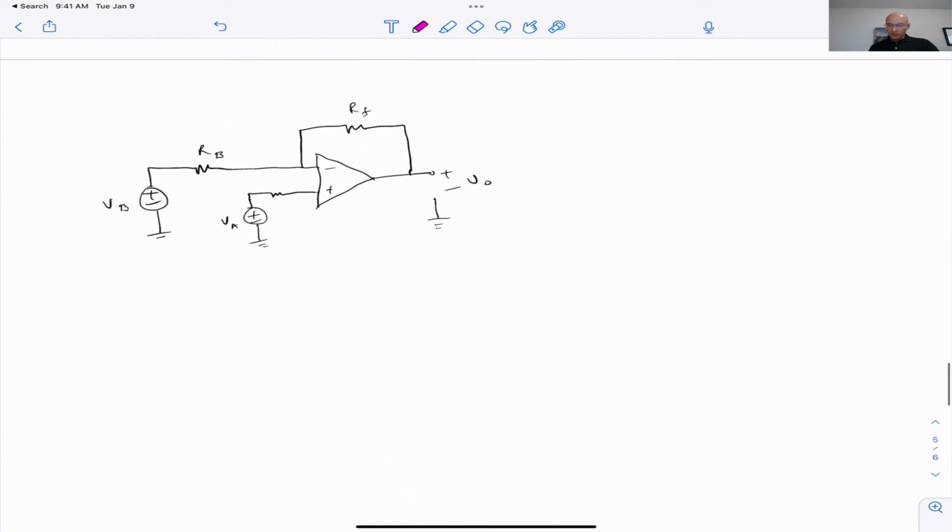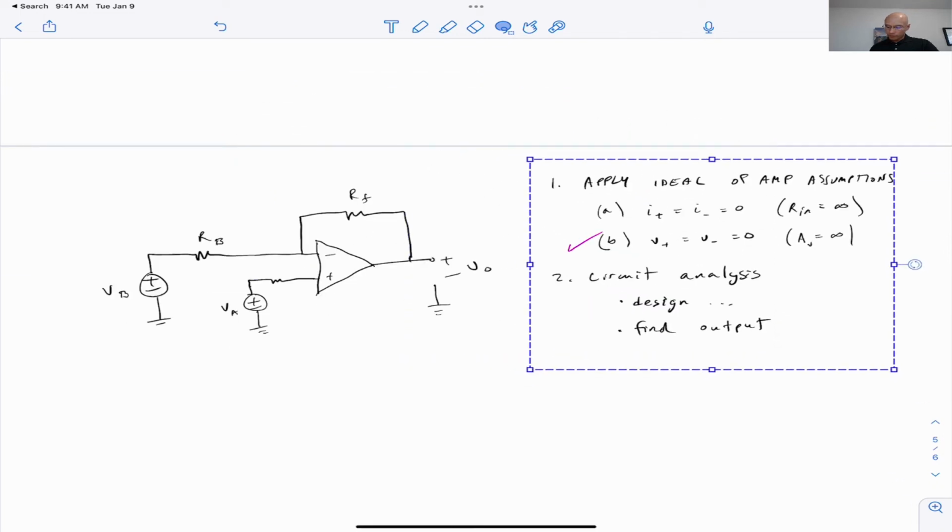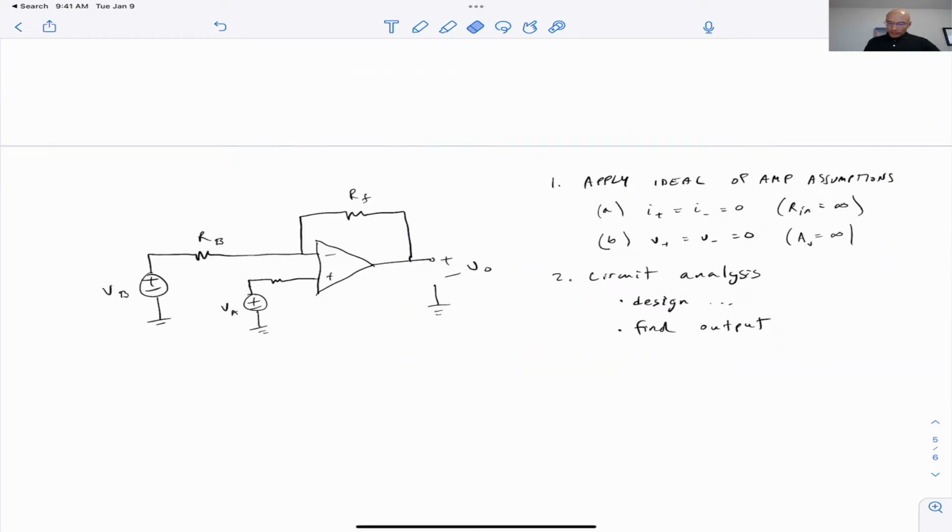Here's a more involved example. I'm just going to get my steps here from above. We'll paste them down below. Okay, so here we will apply our op-amp assumptions. So we know that this is 0 amps, and we know that this is 0 amps.